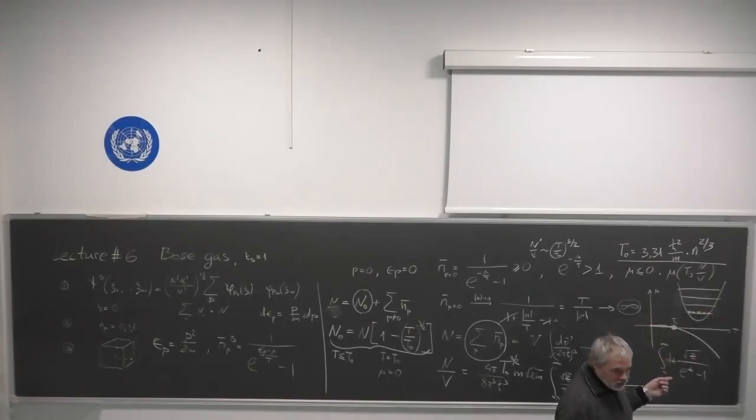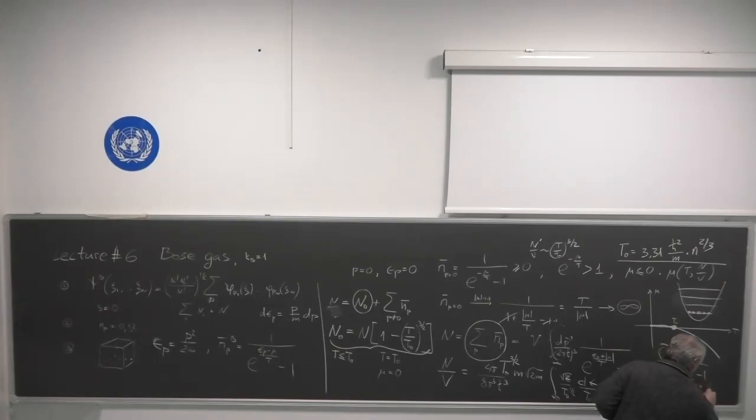In particular, for a harmonic trap, you have a zero-point motion, so your spectrum is h bar omega naught, the frequency characterizing the trap, times n plus 1/2 if you have a one-dimensional trap.